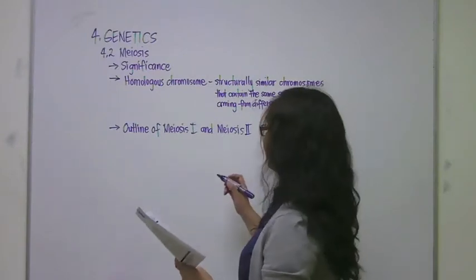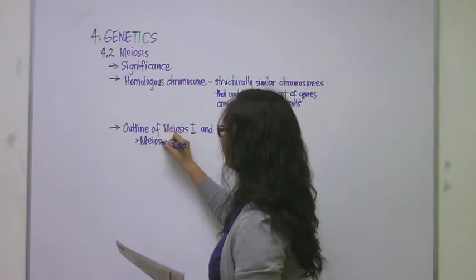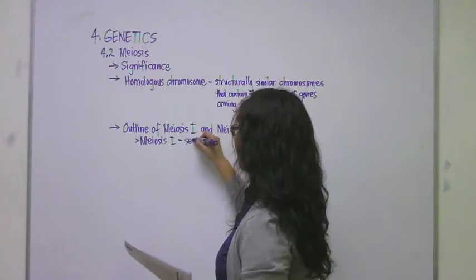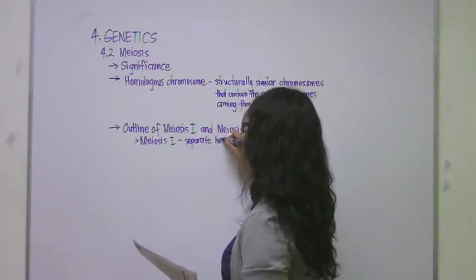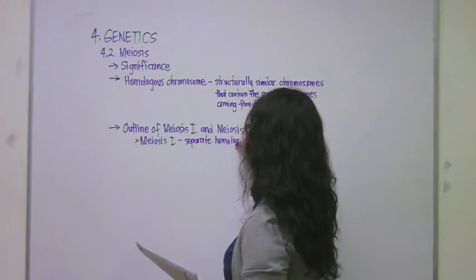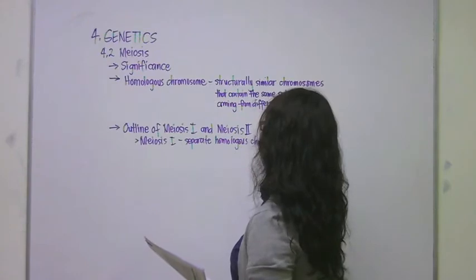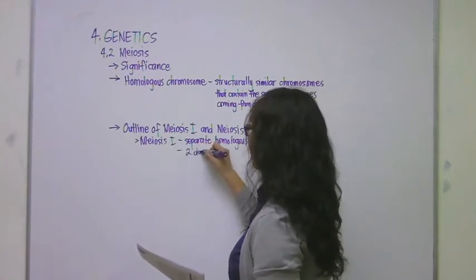Okay, we should point out that the goal of meiosis 1 is to separate homologous chromosomes, and in the end of the process, we are able to produce two daughter cells.